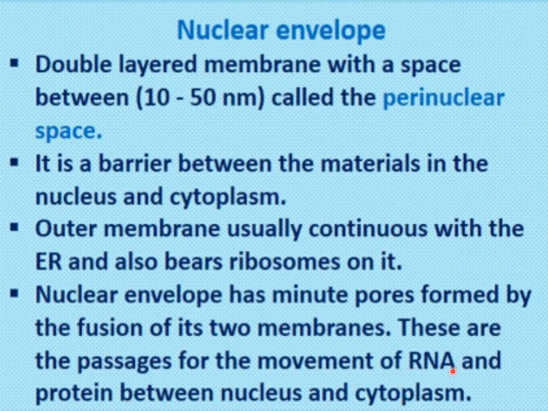So RNA needs to be transported from the nucleus towards the cytoplasm. So for the movement of RNA and protein between the nucleus and cytoplasm, these nuclear pores are required, which are present in the nuclear envelope.